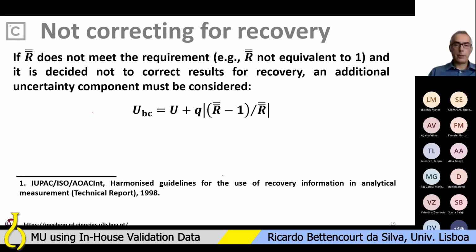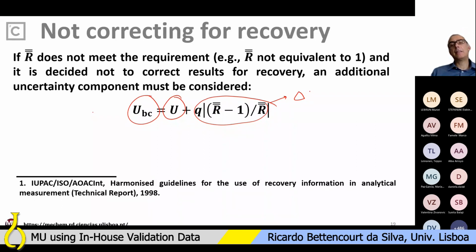So there is a rather old document that proposes something that I named bias compensated expanded uncertainty, where you have the expanded uncertainty and then you have here the bias. In this reference, they use delta for this bias. You can calculate it as the measured value times the absolute value of the difference between mean recovery and 100% divided by the mean recovery.